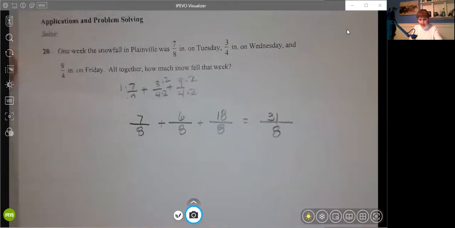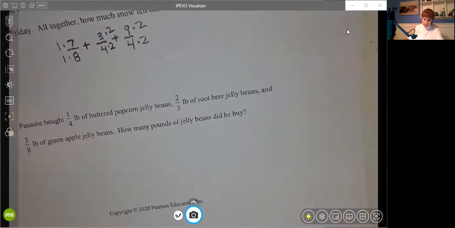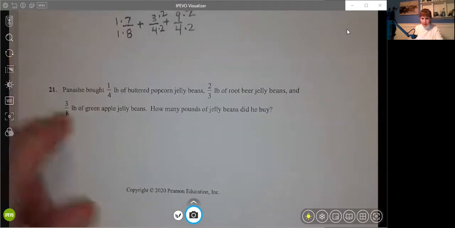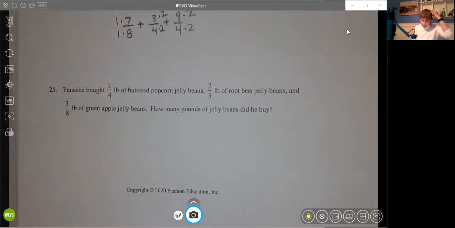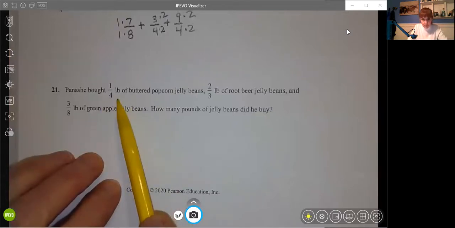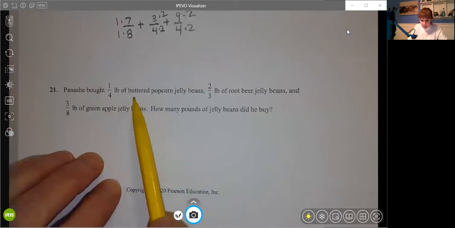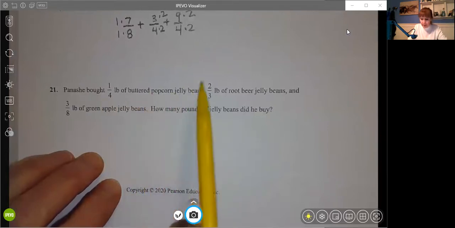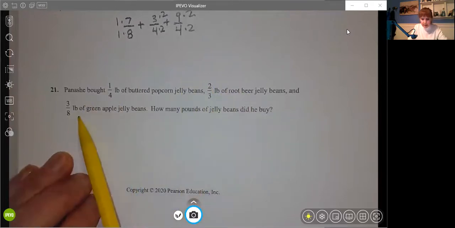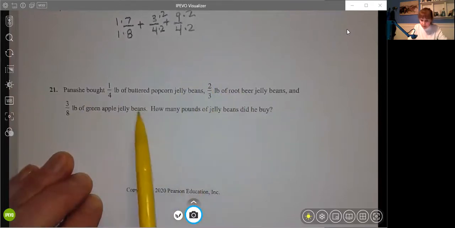Okay. All right. So the same thing for this one. Panache bought 1/4 pound of buttered popcorn jelly beans, 2/3 pounds of root beer jelly beans, and 3/8 pounds of green apple jelly beans.